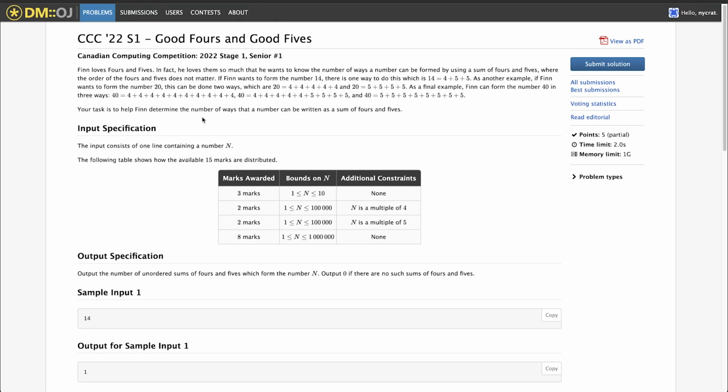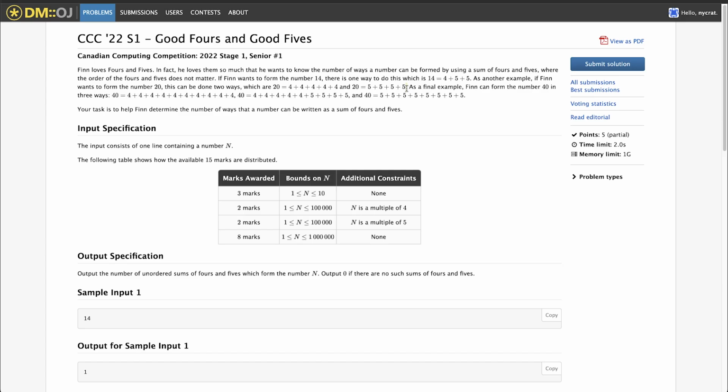You start off with one of these, either 4s or 5s, being 0 of them, and then ask, can we make the number with only 1 5? Let me check if you can make it with 2 5s, 3 5s, 4 5s. And then you should never get any repeats, and it should be O of n.